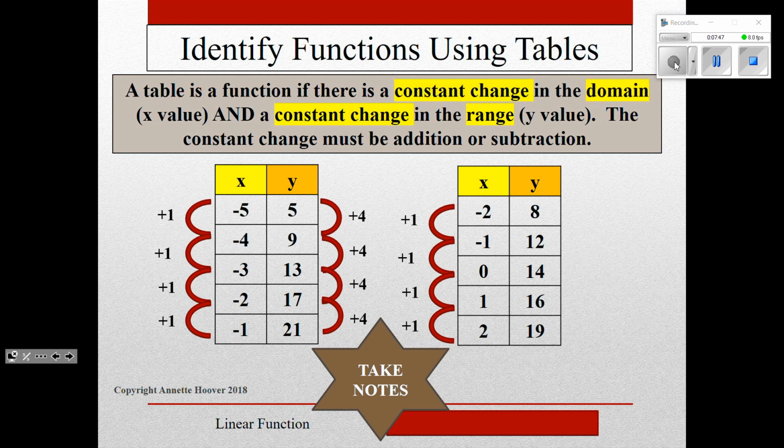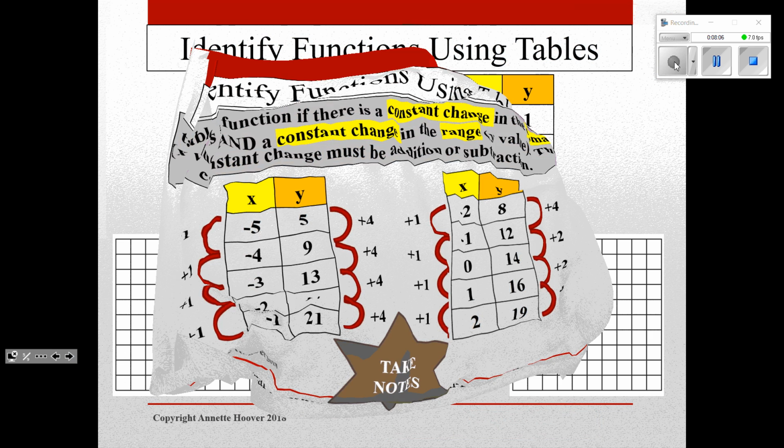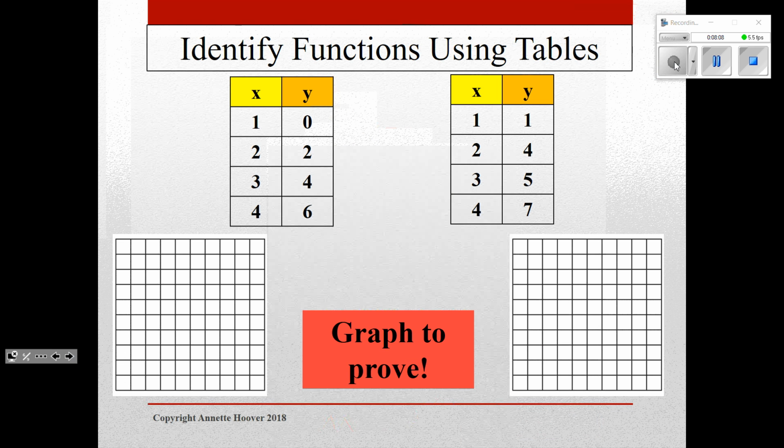This would be a plus 4. This would be a plus 2. And pretty much you can stop right there. Once you see that it is not a constant change, you know that it's not going to be a linear function. So that is nonlinear. It is a function, it's just not linear.